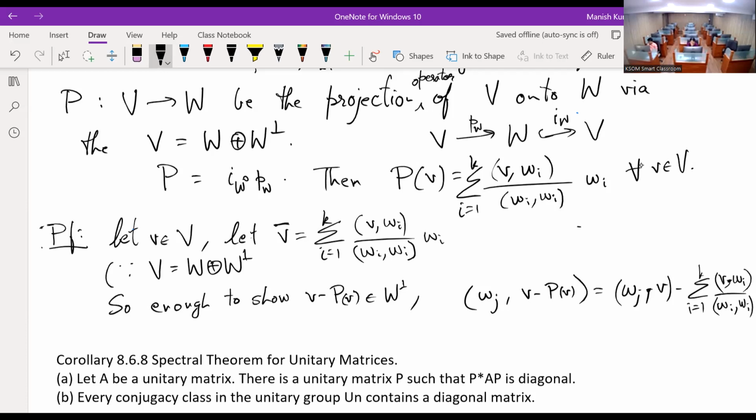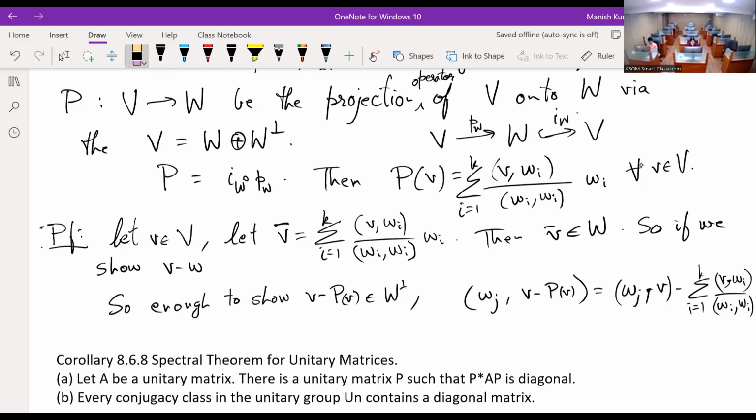Then what we know is that v bar is in W. So if we show v minus v bar is in W perp, then PV is v bar.